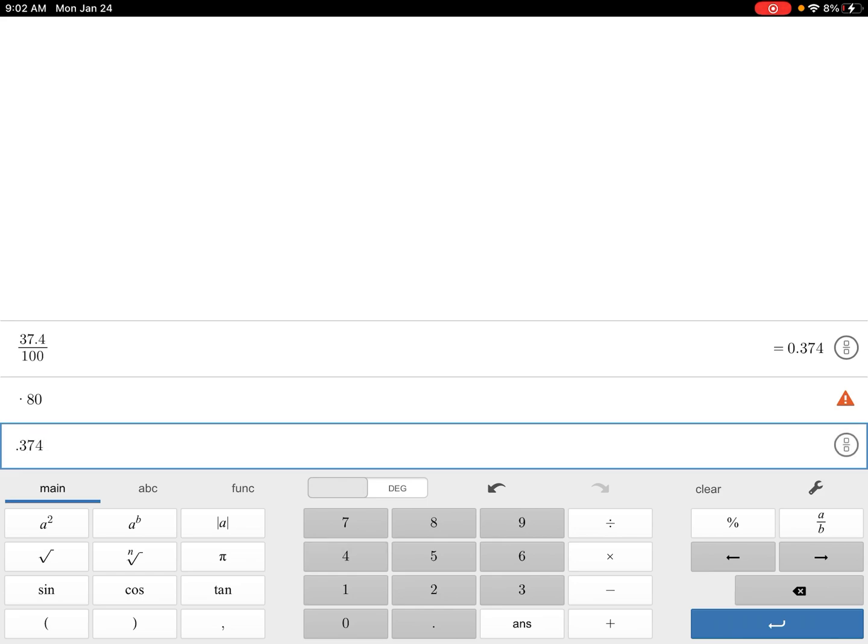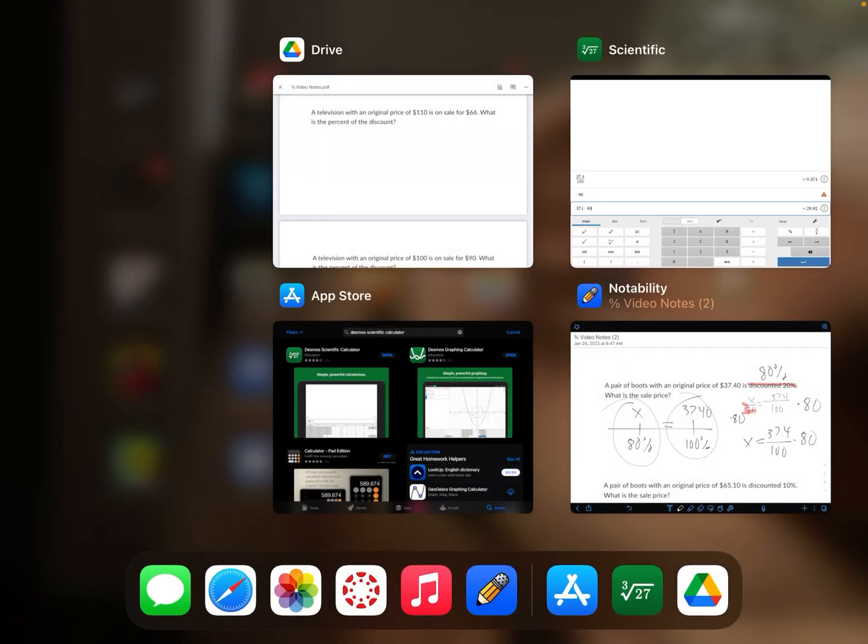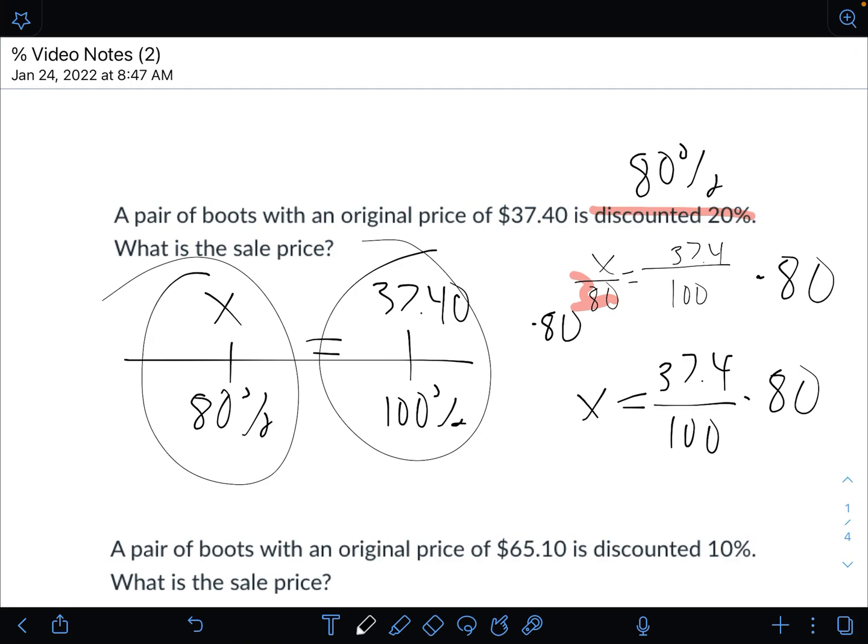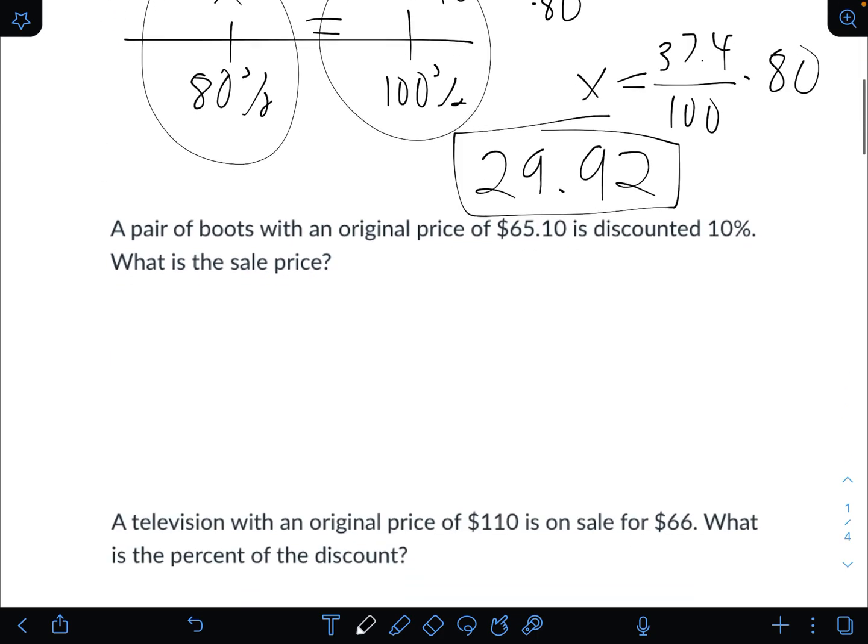See, this is why you got to get used to this. Times 80. What do you get? You get $29.92. So if it's discounted 20%, you pay 80% of it, which is this. Cool? All right. Well, let's try another one.